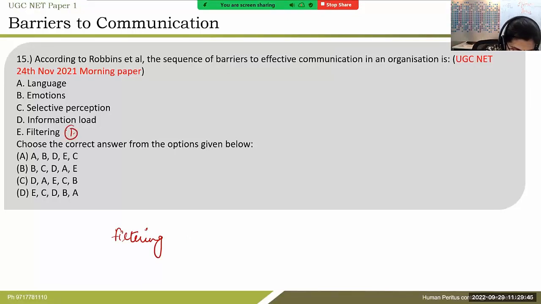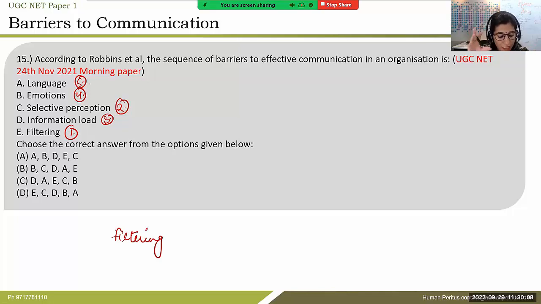Next is selective perception. Next is information overload. Next is emotions. And the last one is language. So this is the sequence given by Robbins regarding the barriers to effective communication.